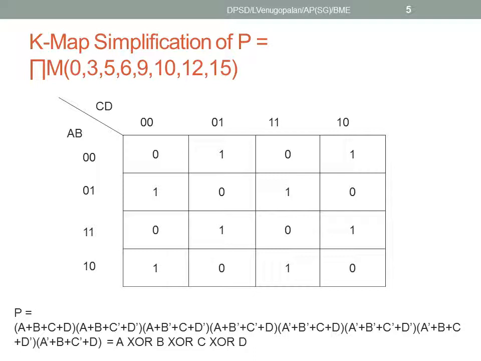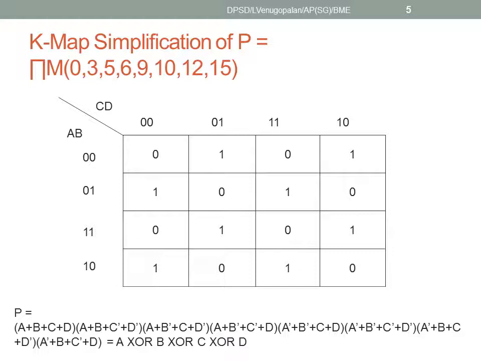Now, if you don't want to buy what I'm trying to say, go ahead and write the Boolean expression for all the cells that have zeros in them. So P is (A+B+C+D)(A+B+C'+D')(A+B'+C+D')(A+B'+C'+D)(A'+B'+C+D')(A'+B'+C'+D')(A'+B+C+D')(A'+B+C'+D).